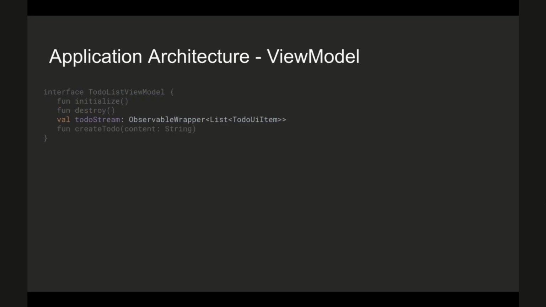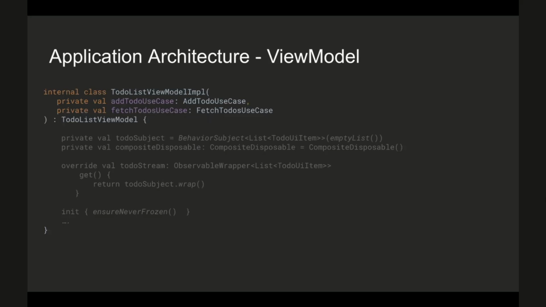This is the stream where you keep getting updates for the UI, for your to-do list. Whenever you add a new item, if you subscribe in the beginning when you initialize and fetch the persistence, you will get the persisted data at the beginning. And of course, there's the function that you use to create a to-do when you click on to-do.